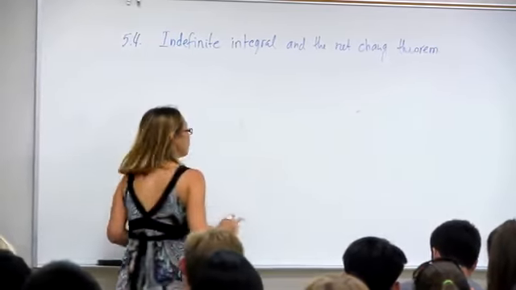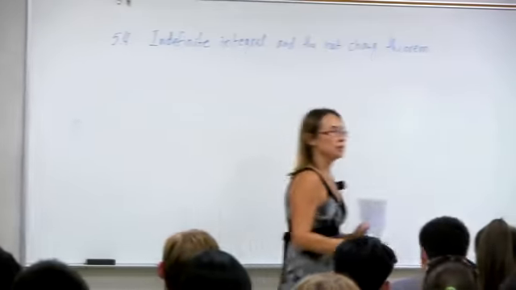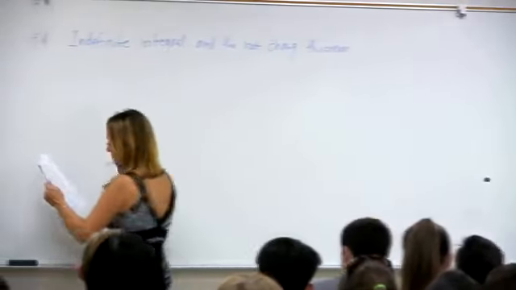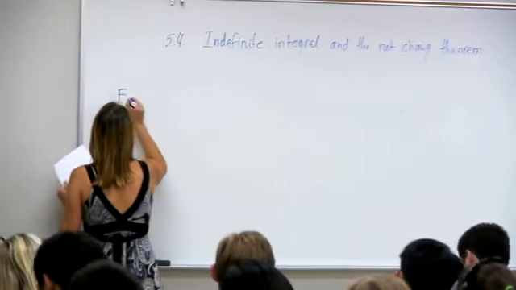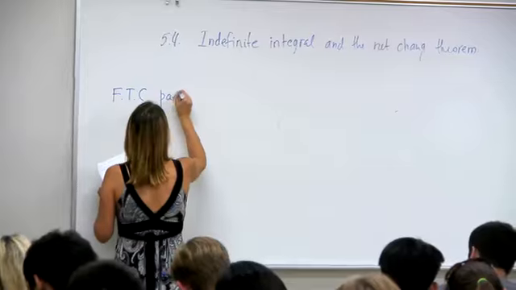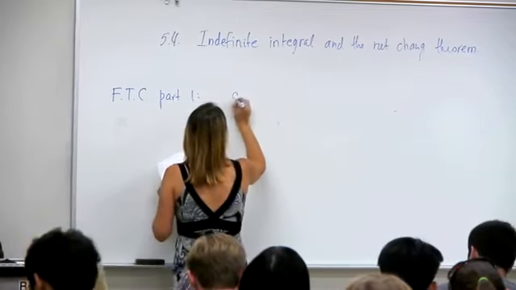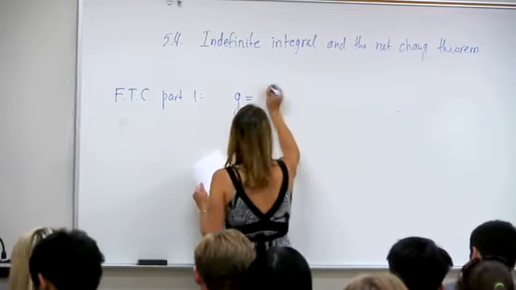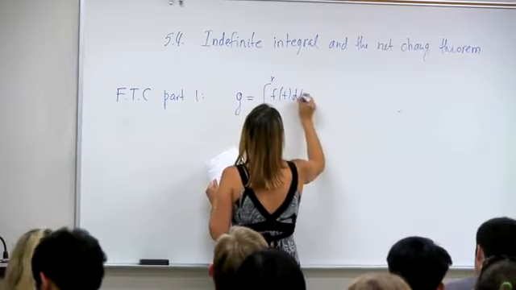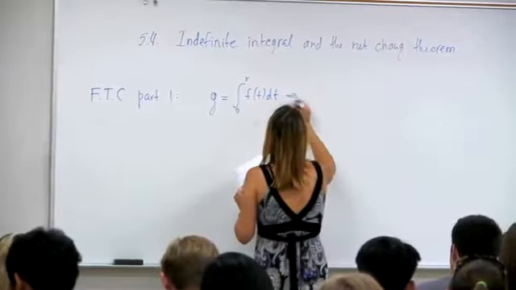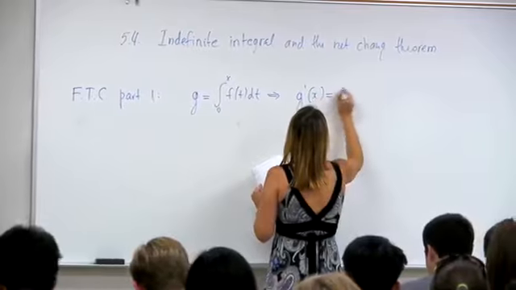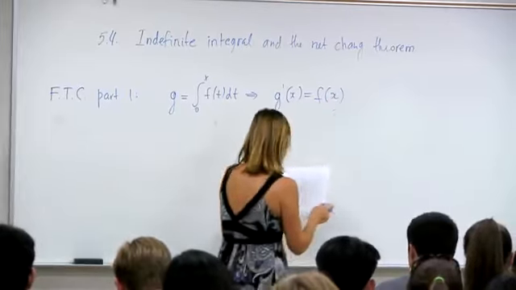So I want to begin with reiterating the two parts of the fundamental theorem of calculus that we derived last time. Fundamental theorem of calculus, part 1, requires a definition of a function g, and it tells us that g prime of x is f of x.